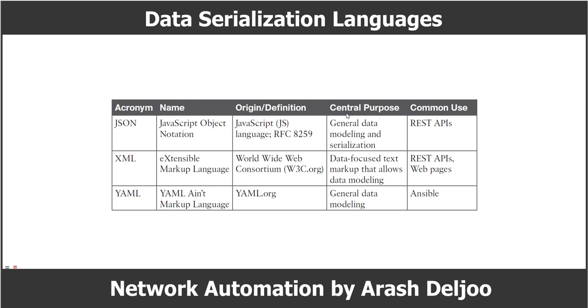About the central purpose, JSON is general data modeling and serialization; XML is data-focused text markup that allows data modeling; YAML is general data modeling. About common use, JSON can be used in REST APIs, XML in REST APIs and web pages, and YAML in the Ansible application.